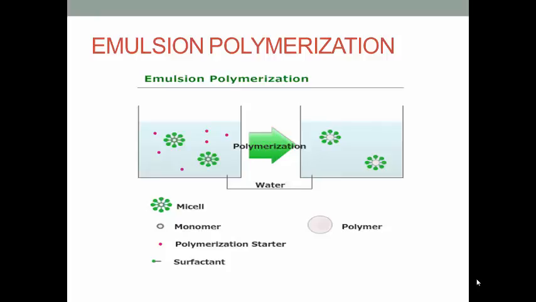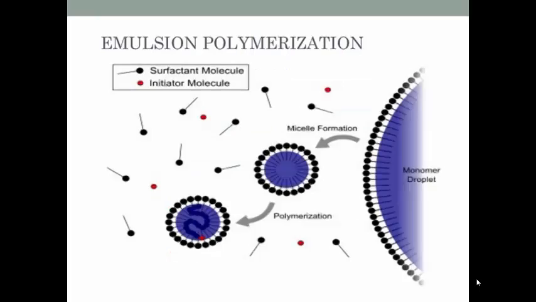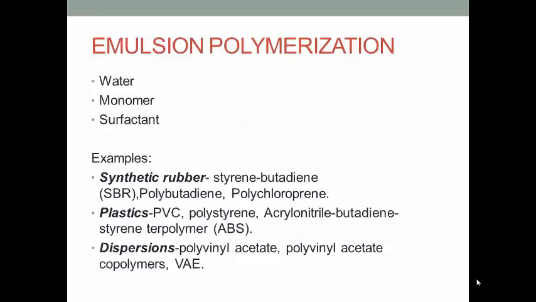If a monomer is added into an aqueous solution in which the emulsifier forms micelles, since the monomer is water insoluble, it is taken in part into a micelle and exists as a droplet. As shown, the monomer droplet is surrounded by emulsifier molecules which form micelles. In addition to the initiator molecule, the polymerization takes place.